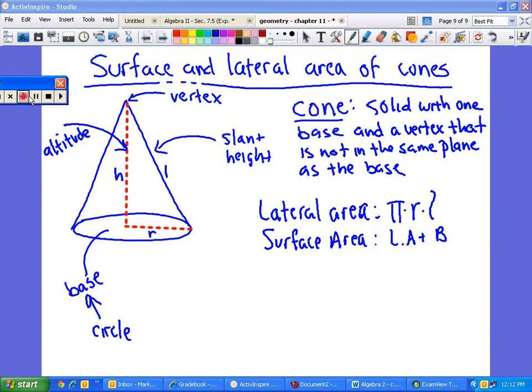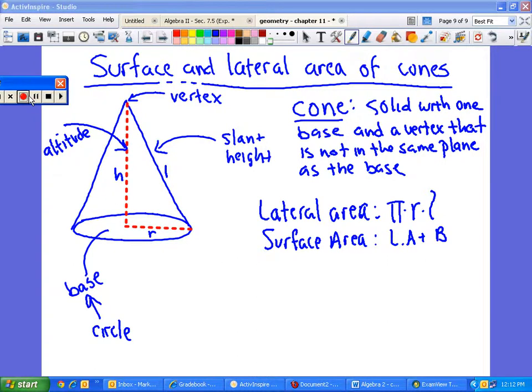As for the vocabulary, all of the terminology is the same for all the other shapes that we've dealt with. You have a base in a cone. The base is a circle. The altitude goes from the vertex to the middle of the base.